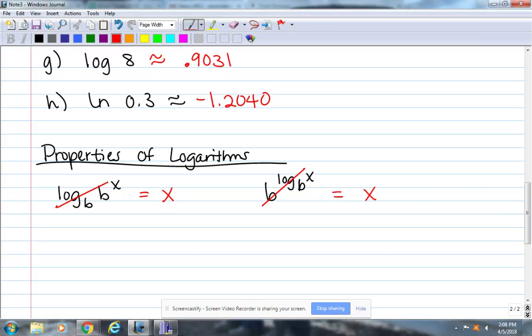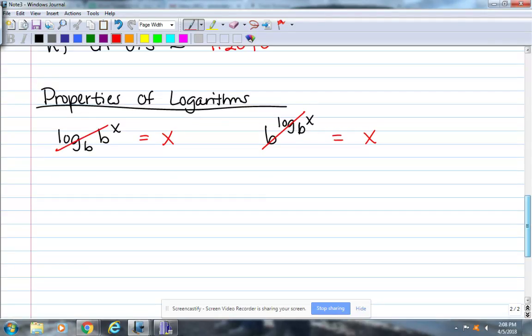Well, you've never seen it before. So this is example I. If I have 3 to the log base 3 power of xy, something cancels out. What cancels out?